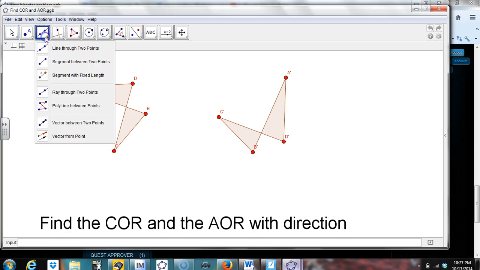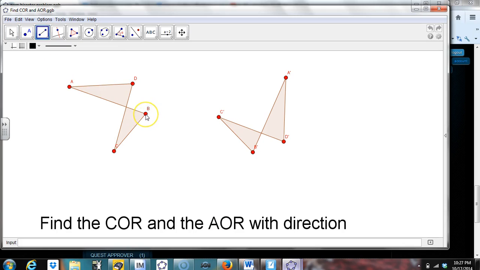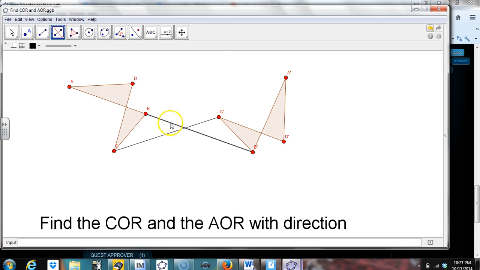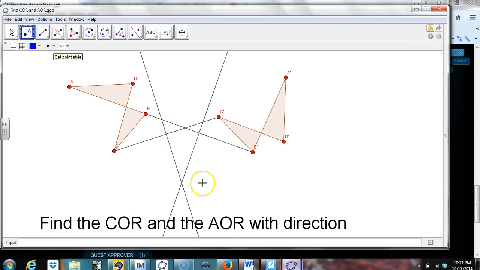I'm going to grab my segment tool and connect a pair of pre-image and image points, maybe B and B prime, and C and C prime. Then I'm going to find the perpendicular bisectors of these segments. So there's our center at that intersection, right?